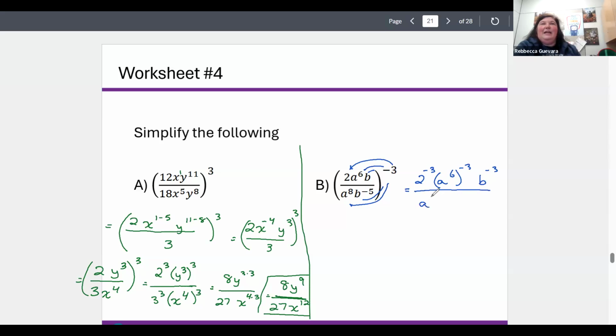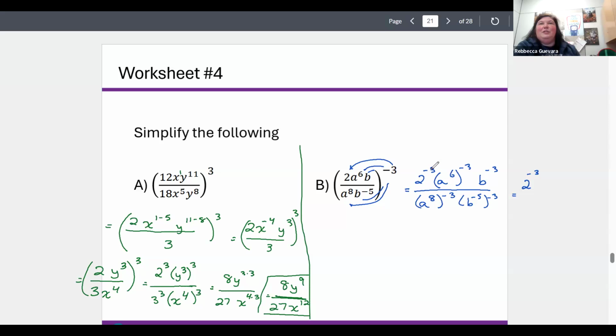Then I'm going to have a to the 8 raised to the power of 3 and b to the negative 5 raised to the power of negative 3. We'll deal with this here in a second, but let's combine what we can.